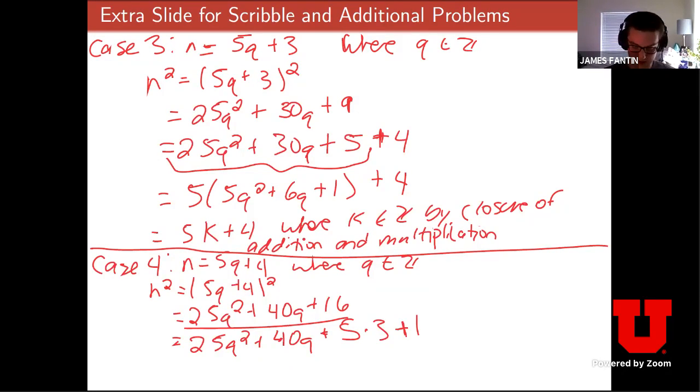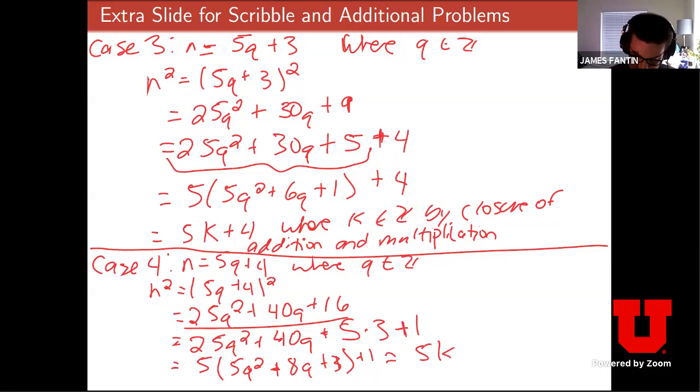It's a way to think about it. Now we can factor out the 5. So we get 5 times 5q squared plus 8q plus 3, plus 1. And that's 5k plus 1, where k is an integer by closure of addition and multiplication.